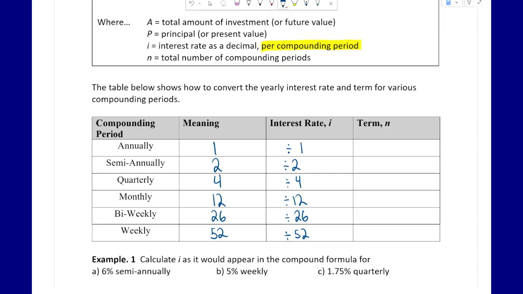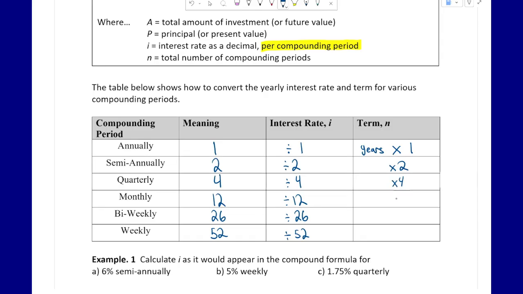For n, the total number of compounding periods, we take our years and multiply by the compounding period. If it's 1 year, we multiply by 1. If it's semi-annually, we take our years and multiply by 2, because that would be 2 compounding periods for every year.